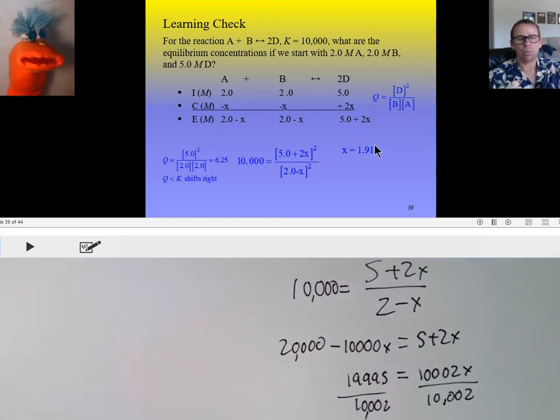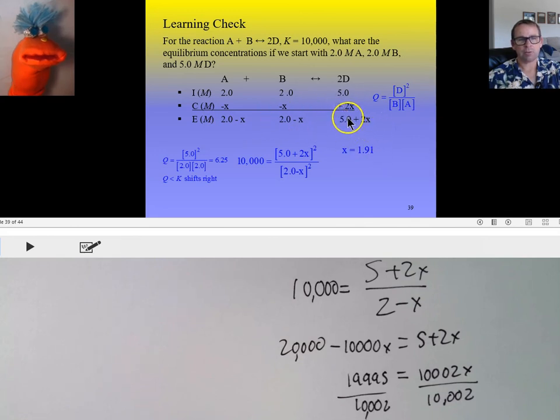Okay, so what I've done is I've identified the x which is the shift for A, B, and twice this would be the shift for D. And the question is, what are the equilibrium concentrations? So the equilibrium concentration here is 2 minus 1.99, so it's essentially really, really low. 2 minus 1.99, again, very, very low, 0.01.